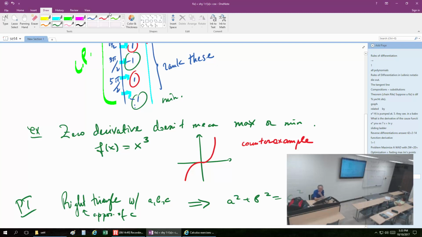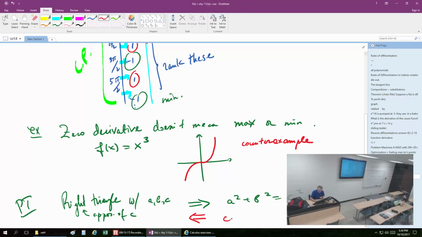But the converse is also true. So even though it is stated this way, you can actually go either way. If you have a triangle with sides A, B, C which satisfy the equation, you can say that it's a right triangle, and you know that the right angle will be the one opposite to side C. So it goes both ways.